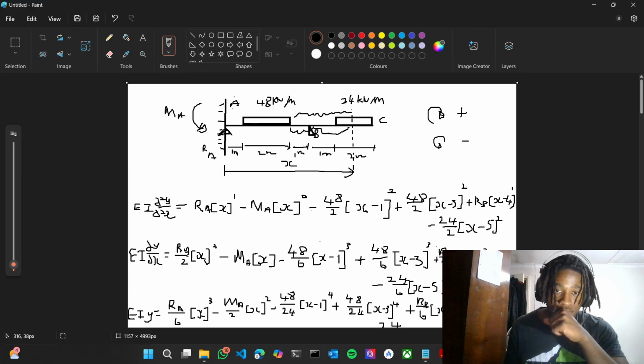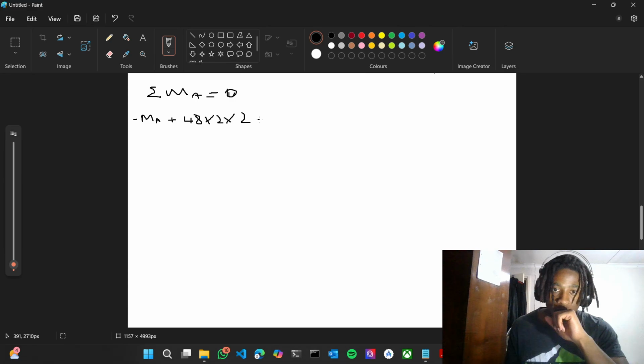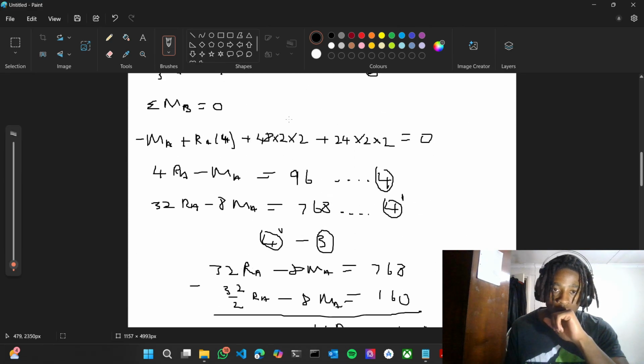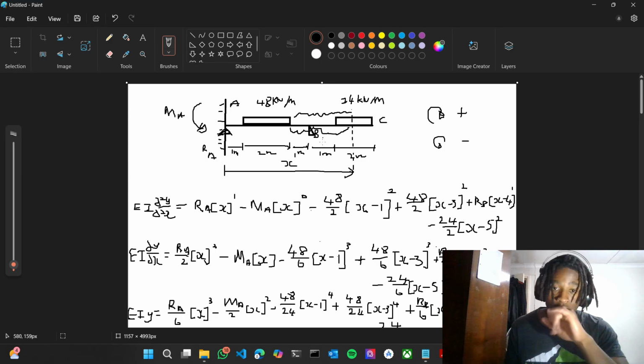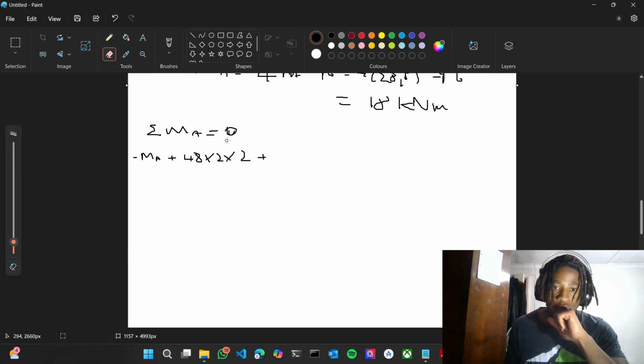And note that RA does not produce a bending moment because it's at A. Then B, RB is at 4 meters from the point A, and it produces an anti-clockwise bending moment, so it's actually meant to be negative.